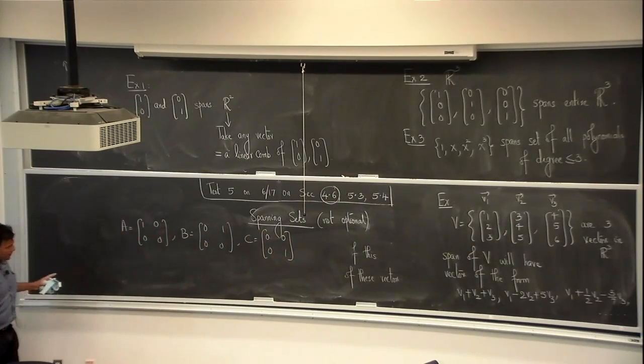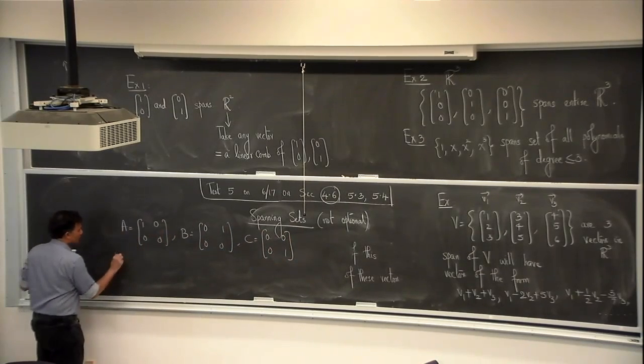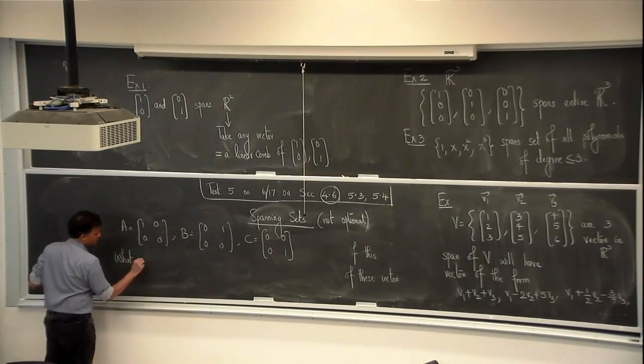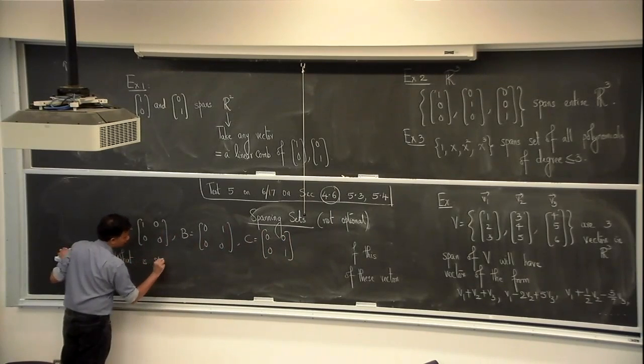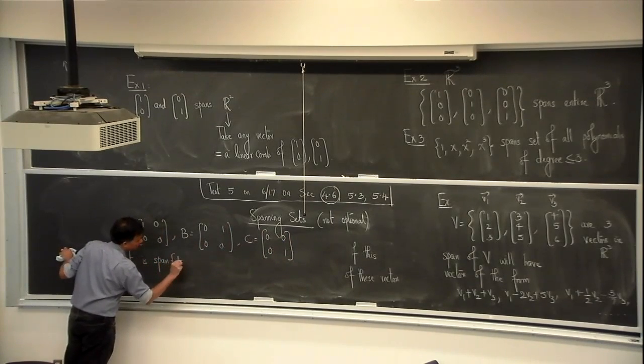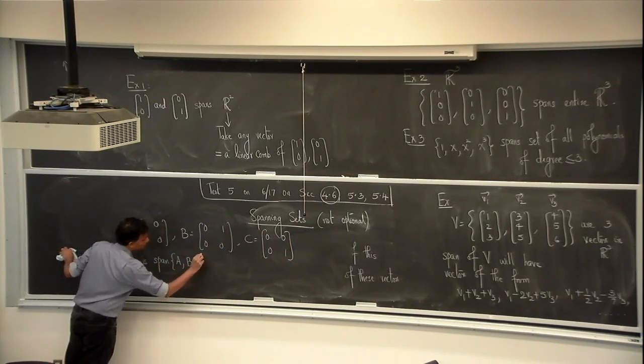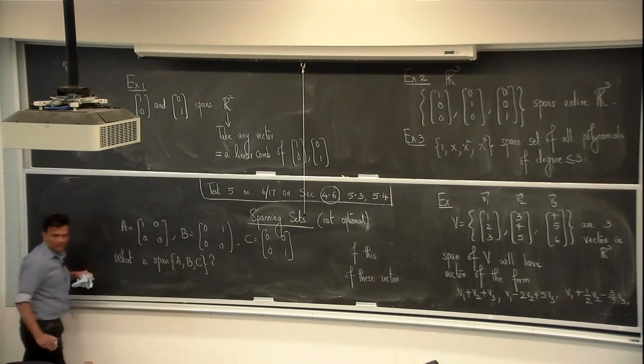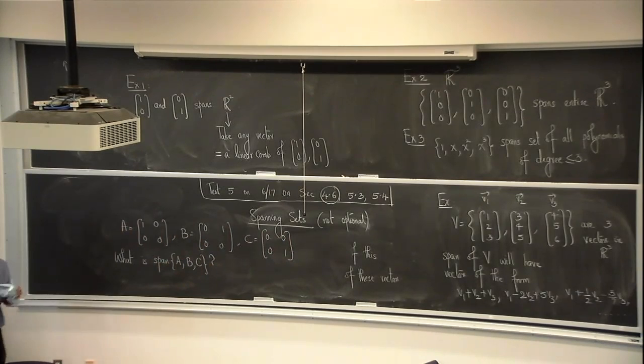What is the span of these matrices A, B, and C? In other words, if you combine them using some numbers, okay, what are you going to generate in general?